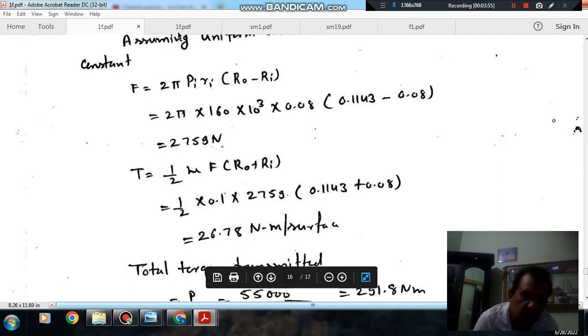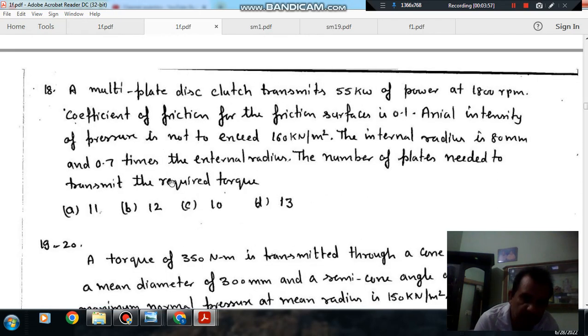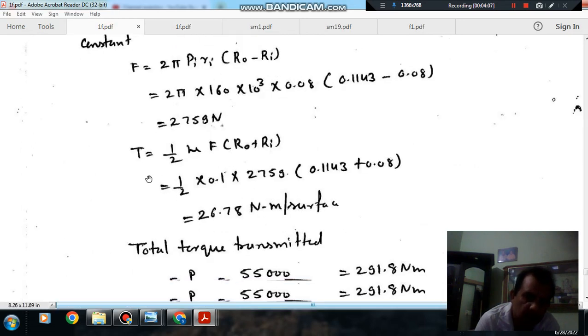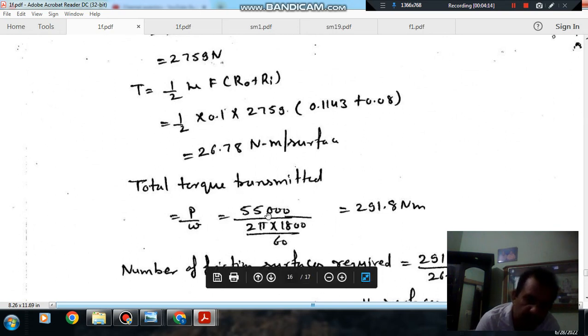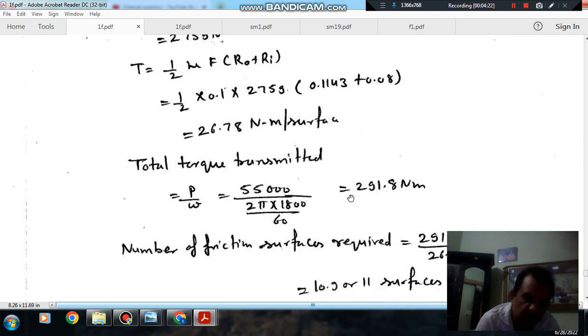Now the total torque: power is given and rpm is given, so we can calculate the torque. Power is 55 kilowatt and rpm is 1800, so the total torque capacity is 291.8 newton meter.